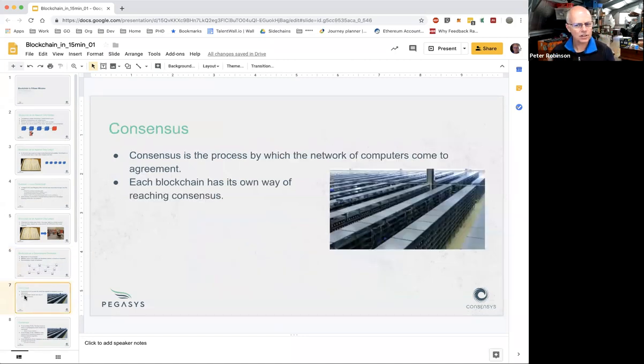So consensus is the process by which a network of computers come to an agreement. And each blockchain has its own way of coming to consensus. There are many different algorithms.